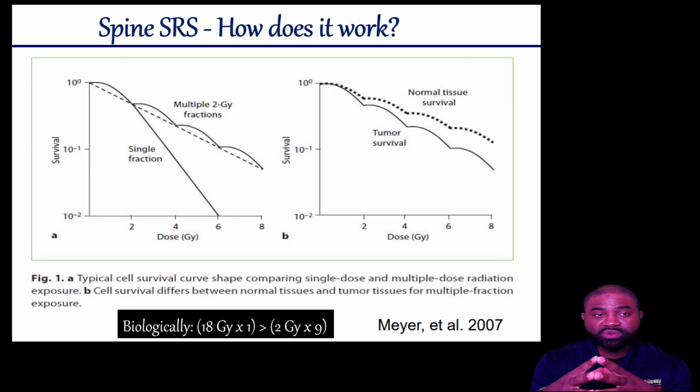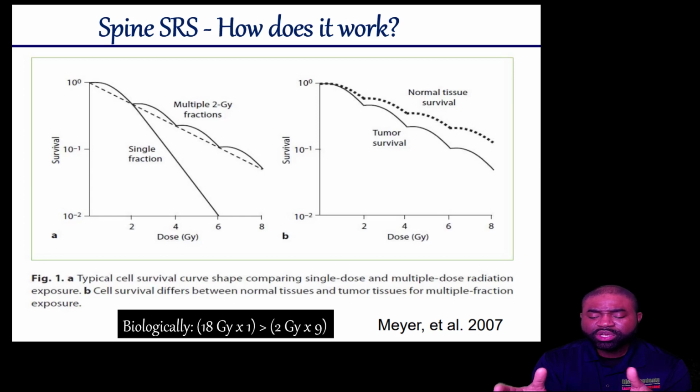One of the RTOG reports, 0631, actually discussed this in particular detail. I recommend that you take a look at those. To summarize, the biological effective dose for 8 Gray in 1 fraction is so much higher compared to giving 2 Grays in 9 fractions.